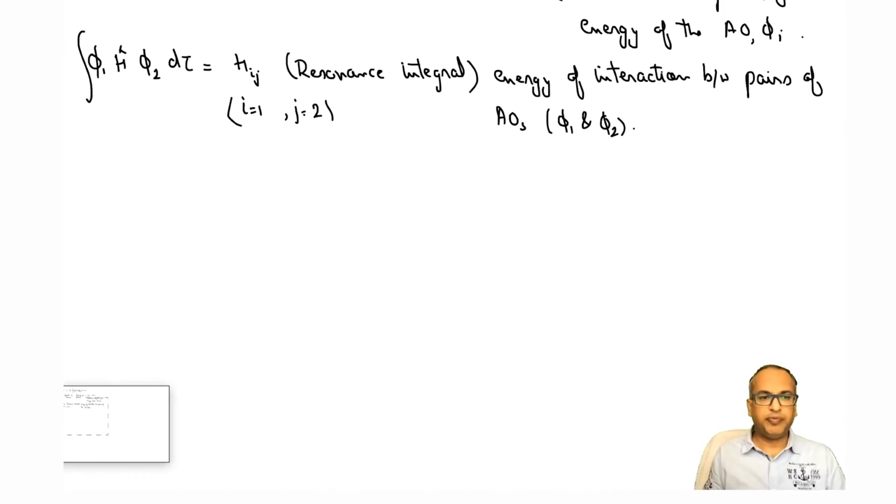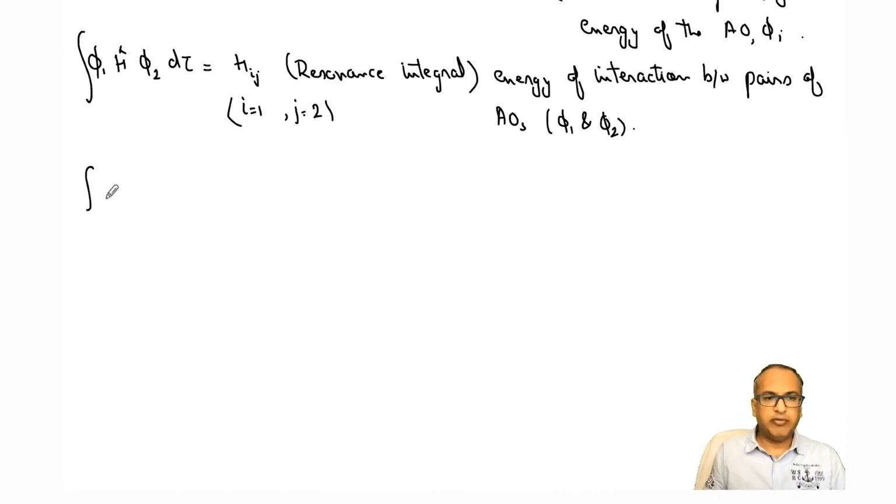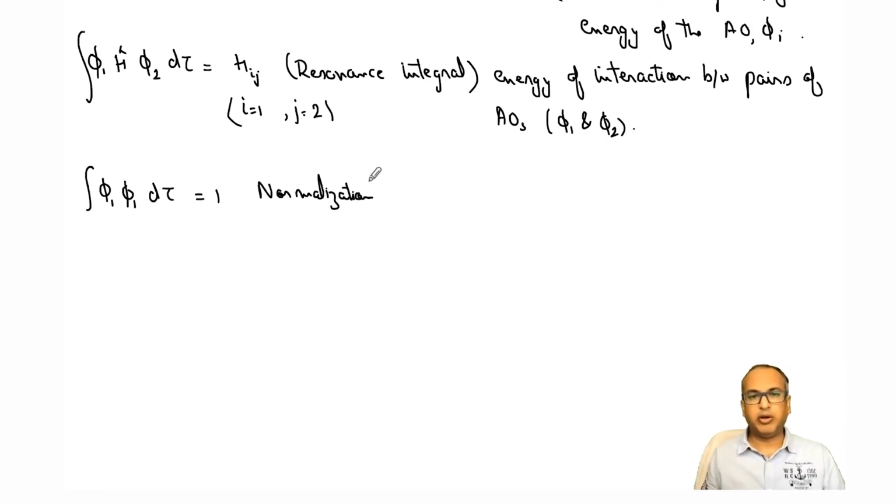Then we also have the integral of phi 1 phi 1 d tau, which is equal to 1. We know that, and this is the normalization condition. We already started with normalized atomic orbitals, so that's why we can substitute this as equal to 1.